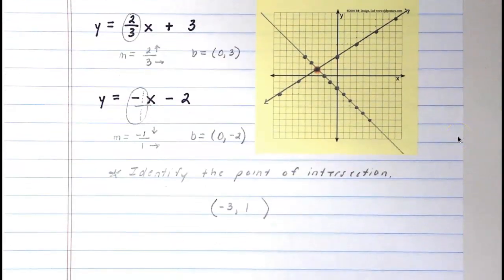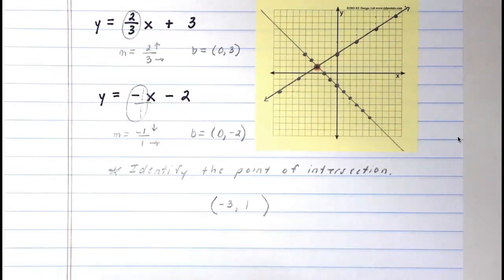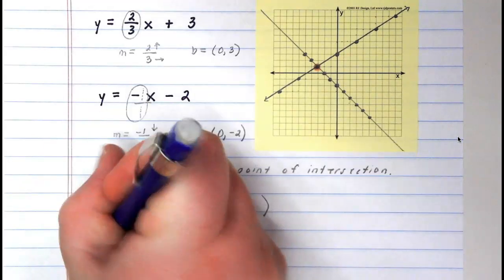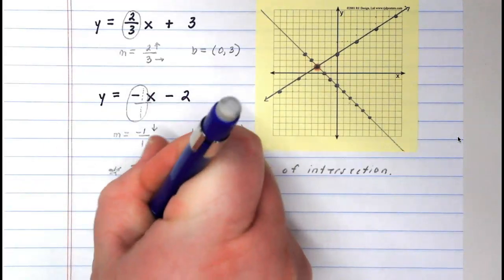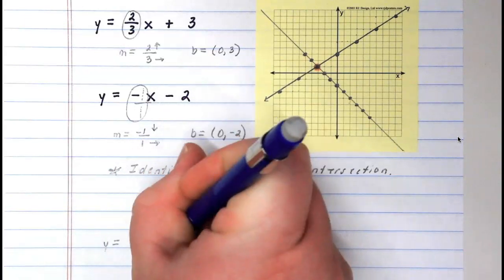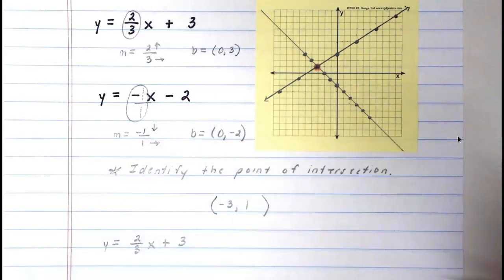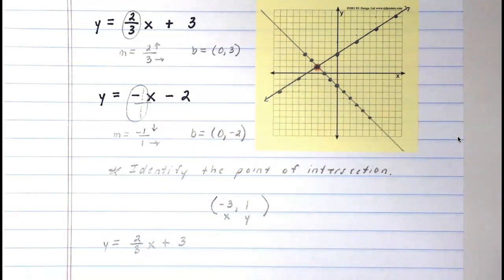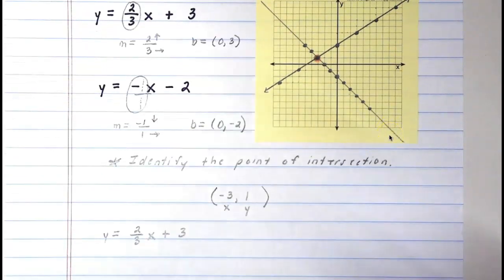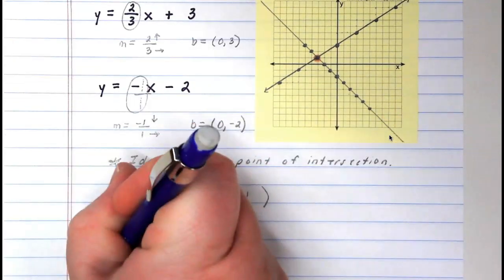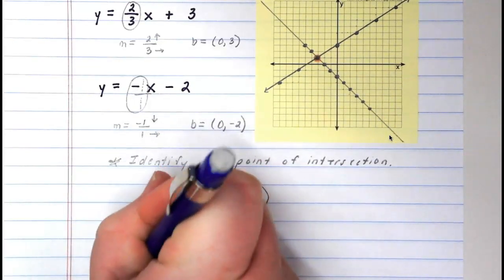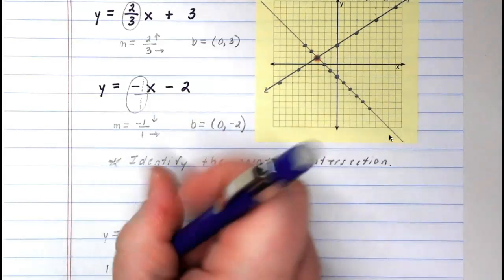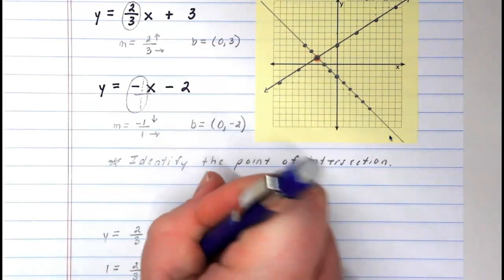Our first equation was y equals 2/3 x plus 3. If we take this as our x value and this is our y value, and we substitute them in, hopefully we'll get a true statement. So y is 1, so that'd be 1 equals 2/3 times x, which is -3, plus 3.